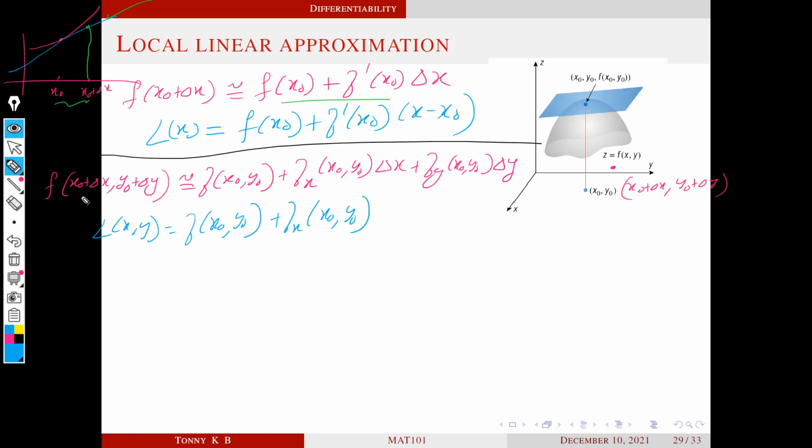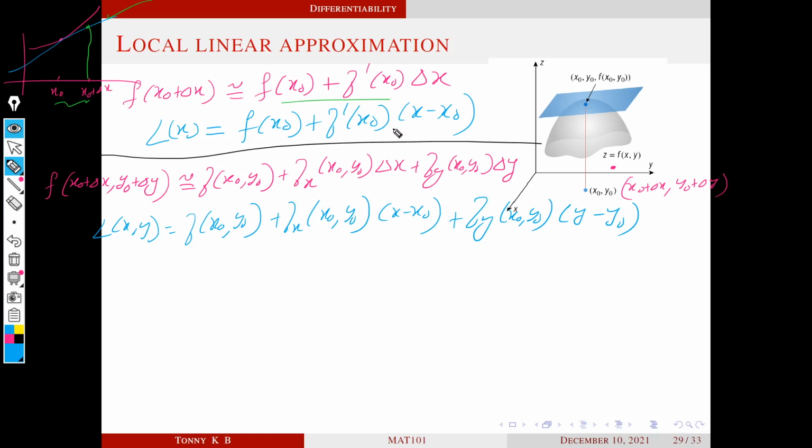Delta x is the difference between this new point x and our original point x naught. This point remains x naught, so the difference is x minus x naught, plus fy of x naught y naught into delta y. What is delta y? It is y minus y naught.